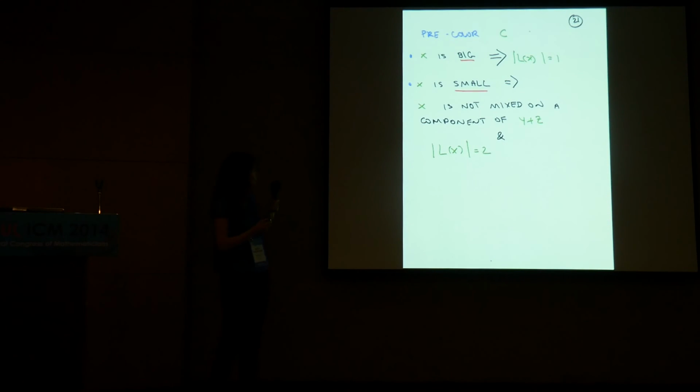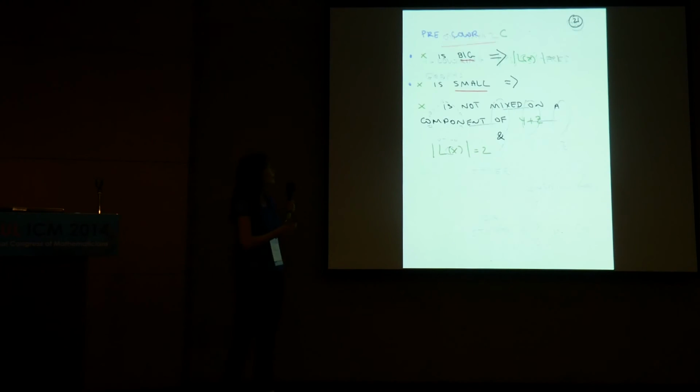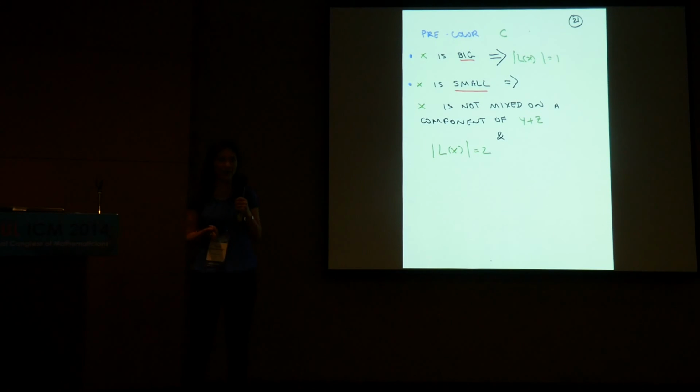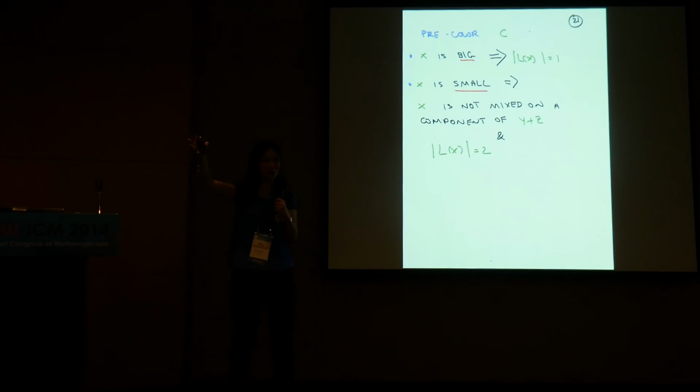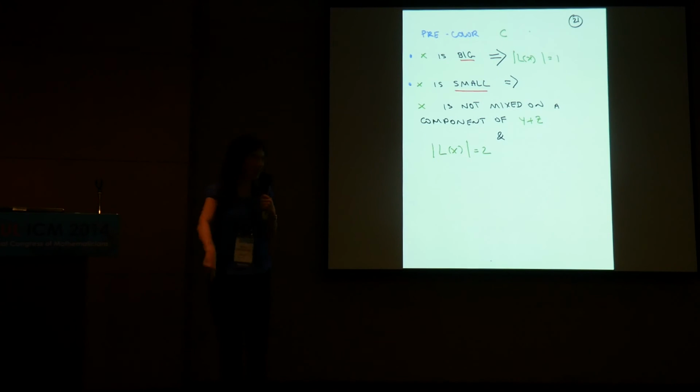So the strategy would be, again, you pre-color the C7 complement, and then if somebody in X had a triangle in its neighborhood, now its list goes down to 1. So then I can propagate the good news. Its neighbors, their list would go down to 2, and that's a good thing.